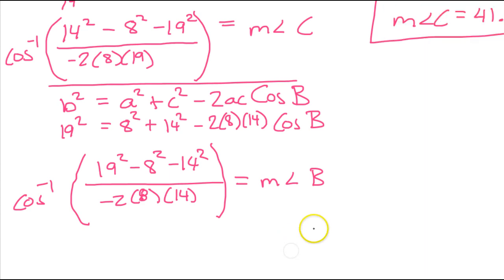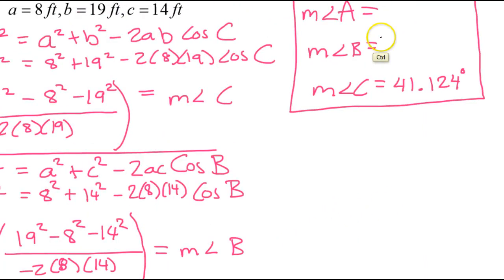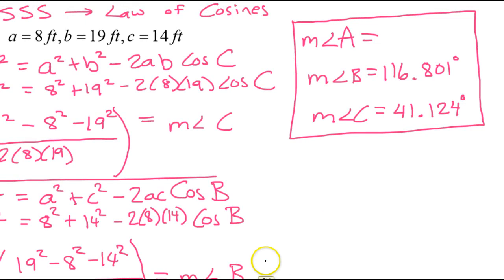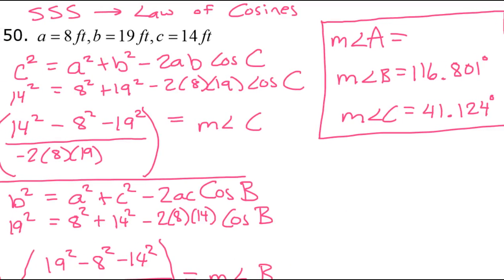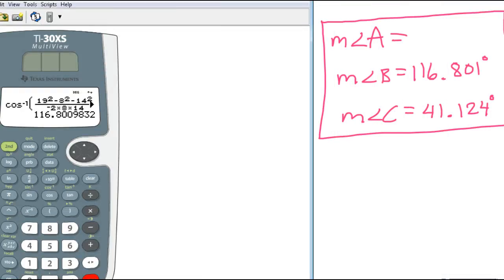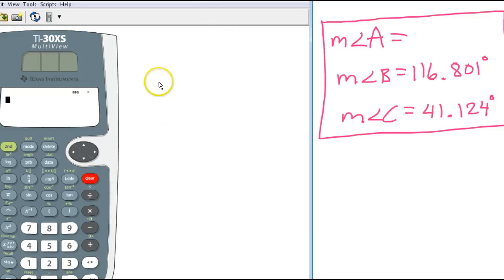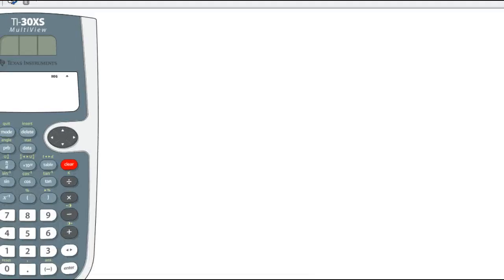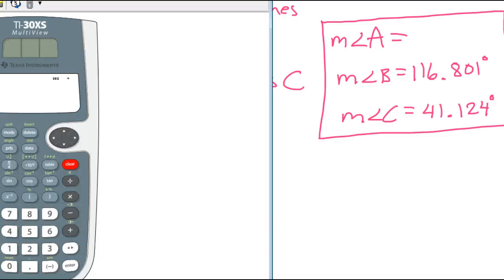116.801. All right, and that's the measure of angle B. I do not need to do the law of cosines again to find the measure of angle A, because I can just subtract from 180. Okay, hold on, it's too big.